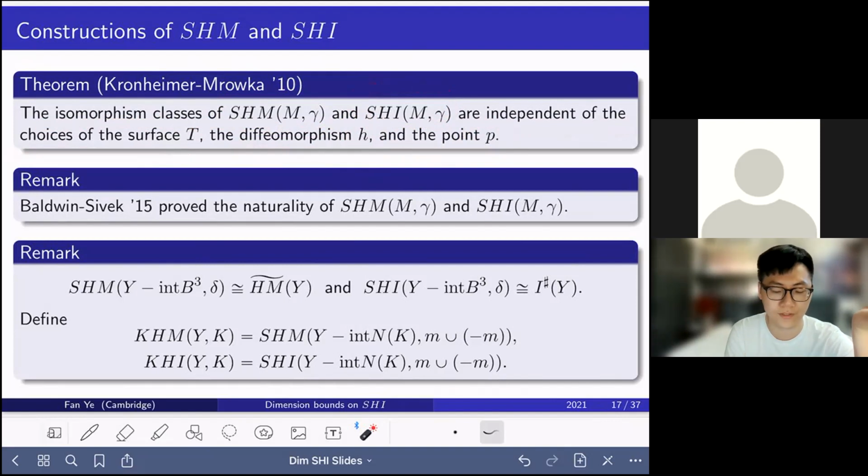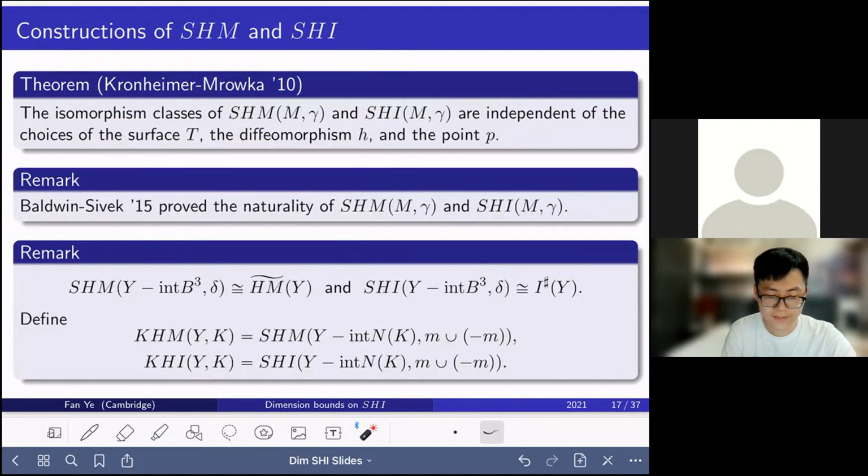The idea is basically from Kronheimer-Mrowka, but now we have a projective transitive system rather than just isomorphism classes.